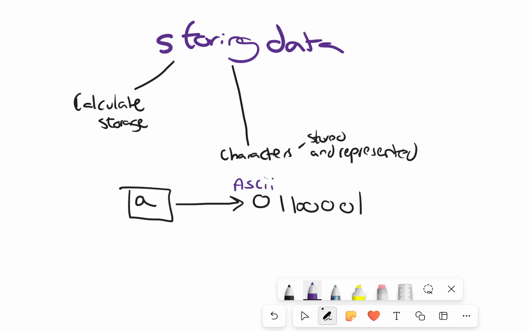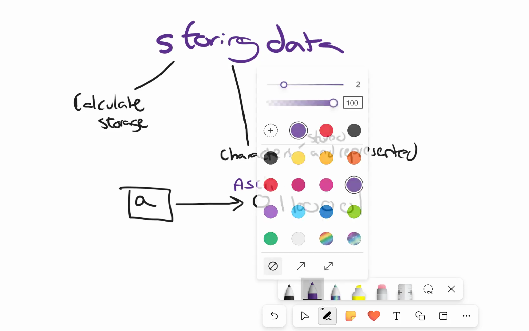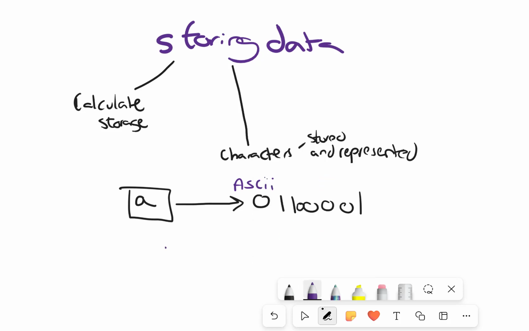So every letter on your keyboard, every command on your keyboard, let's say tab, let's say spacebar, they all have an ASCII value. I'm not going to write out tab ASCII or spacebar ASCII because I don't know them.